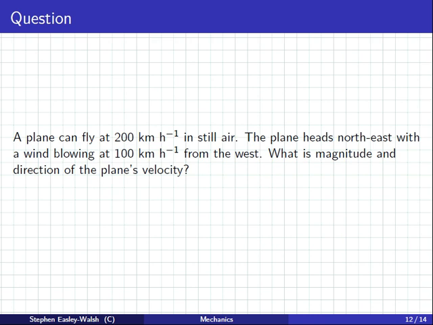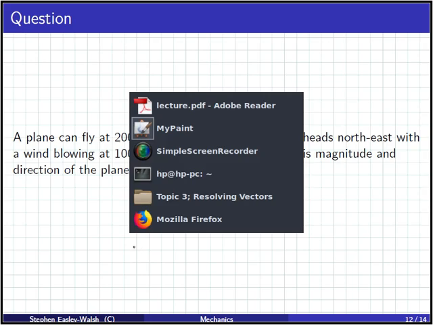Okay, how are we doing for this? We getting an answer? 280, you're going with the magnitude, and what's the direction? The angle? So, let's have a look. First, the plane tries to go 200 at 45 northeast.